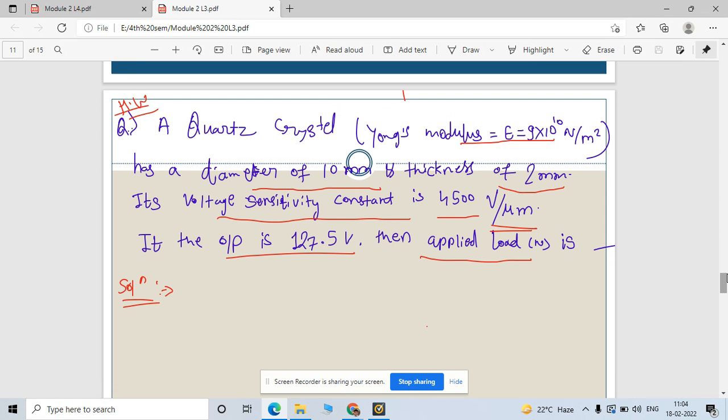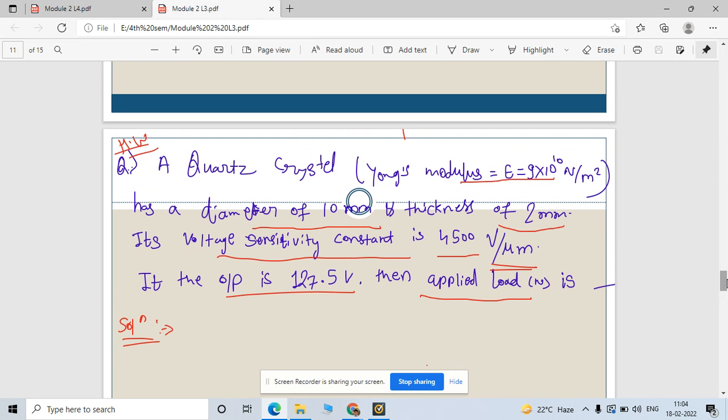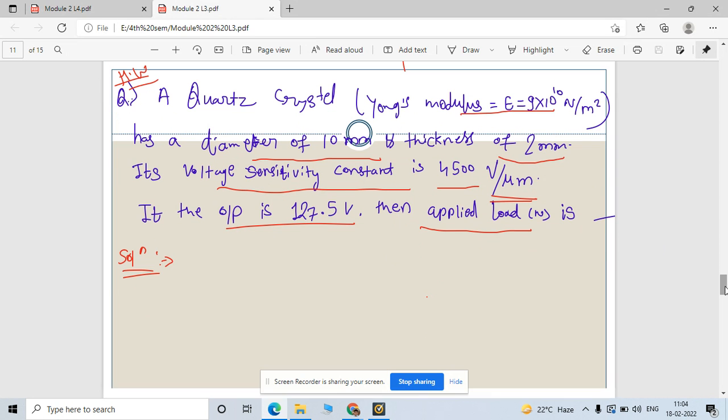Have you attempted this problem? यस, किसी ने ट्राई किया? क्या दिया था यहाँ पे? वोल्टेज सेंसिटिविटी कांस्टेंट दिया था 4500 वोल्ट पर दिस माइक्रोमीटर, राइट?